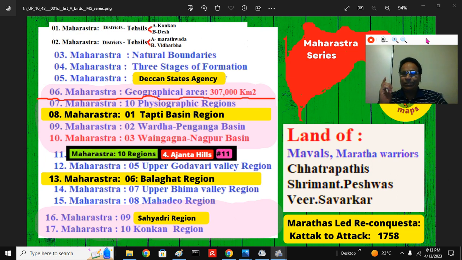Marathas had a very great empire that replaced the Mughal Empire, but they finally lost to British imperialism after the Third Battle of Panipat.